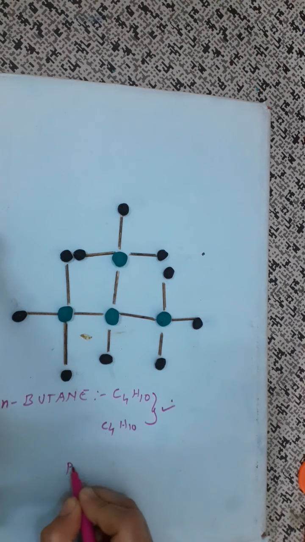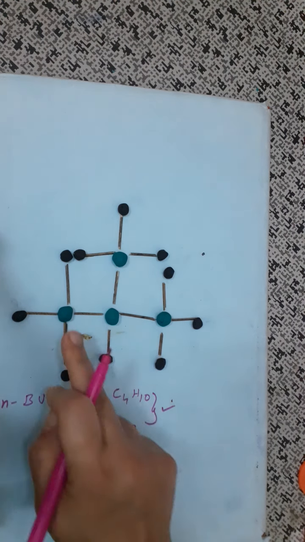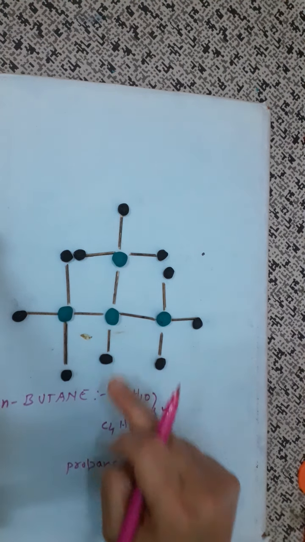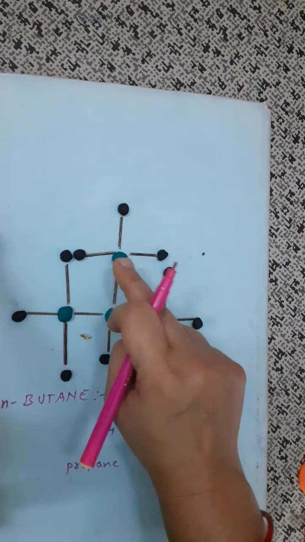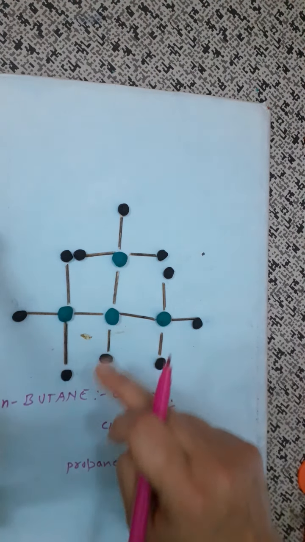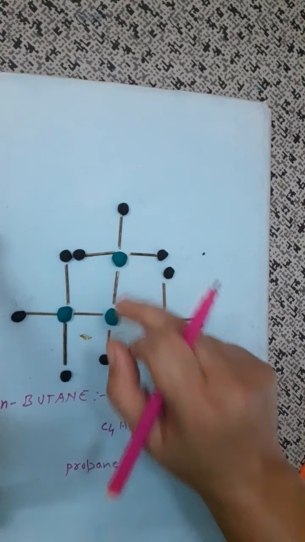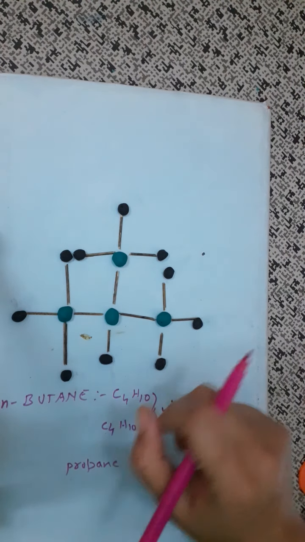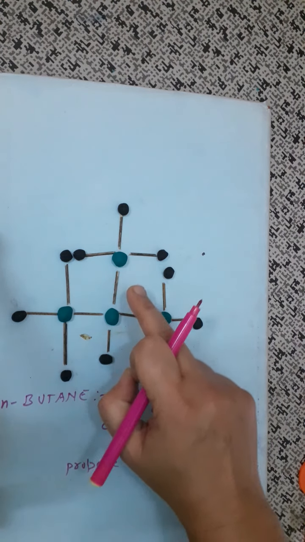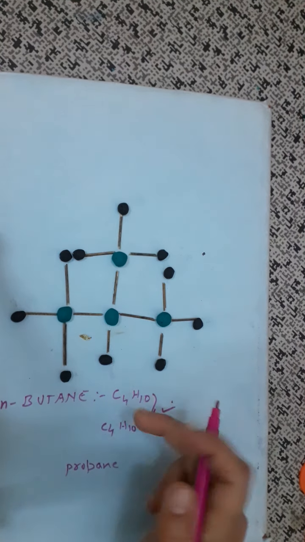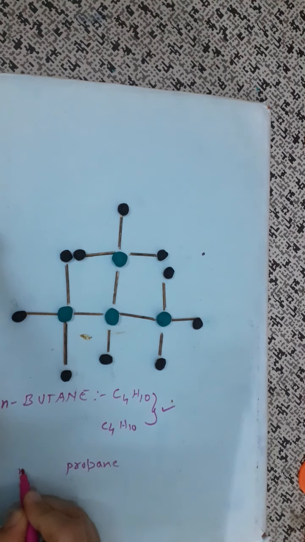Its new name is prop, since they are all single bonds, so the full name is propane. But this is also attached to a single carbon compound, a methyl group. So its name will be methyl propane.